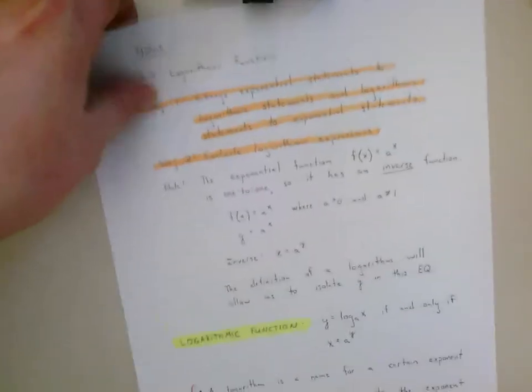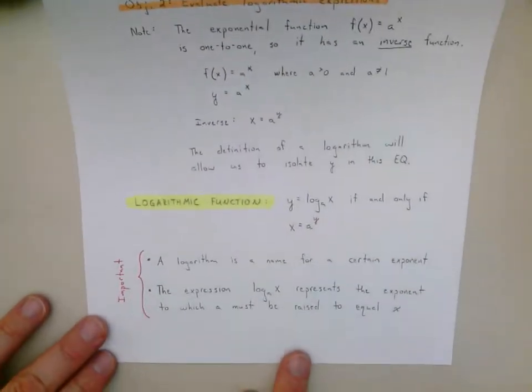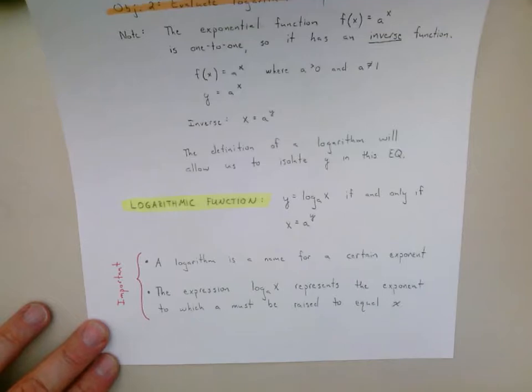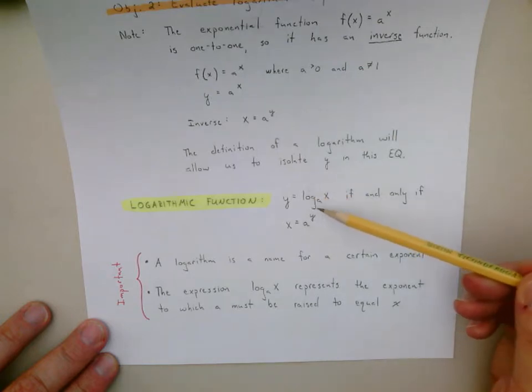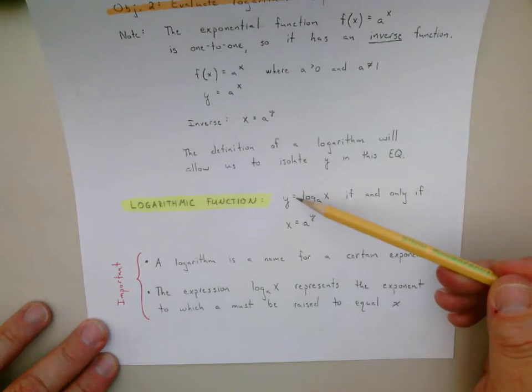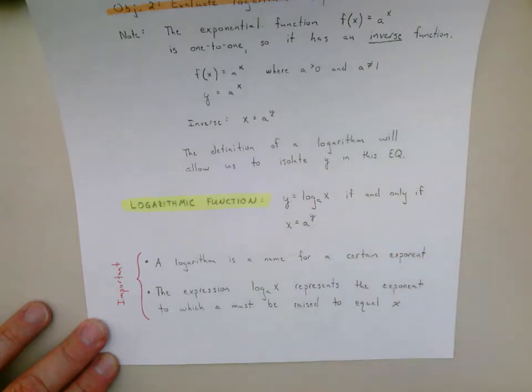Two important facts for you to know about logarithmic functions. First of the two, a logarithm is a name for a certain exponent. So we can see that back here in the definition. The logarithm is the name for y, and y is the exponent in the other equation.